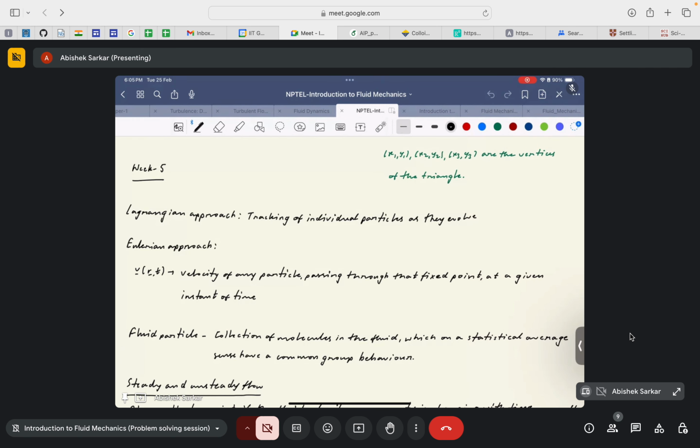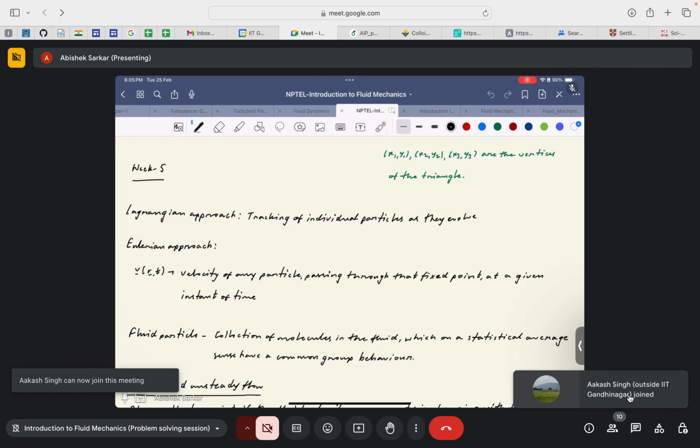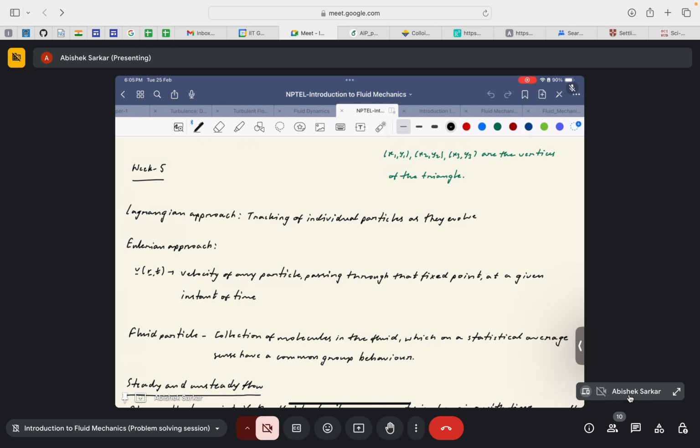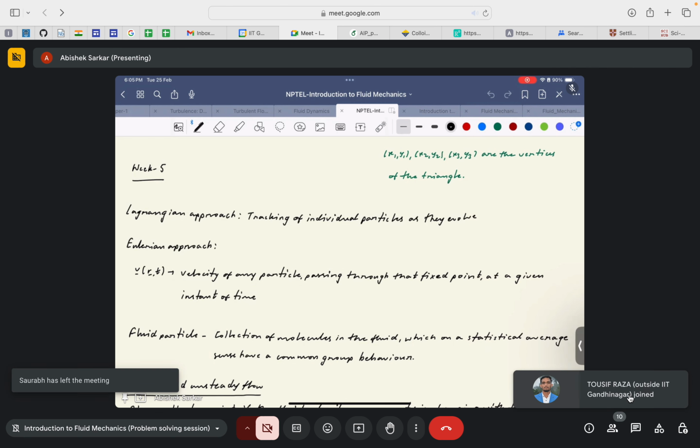As you might have seen in the lectures, Professor Chakraborty might have discussed thoroughly the importance of this portion of the course, because fluid kinematics is the study of the motion of fluid without taking into consideration the forces that generate the motion.